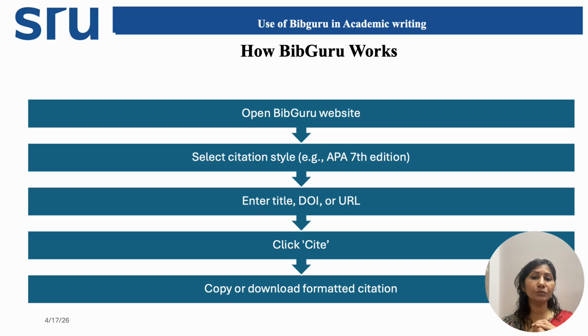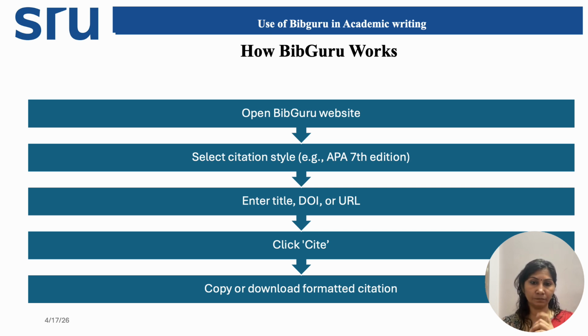Using BIBGURU is very simple and user friendly. First, open the BIBGURU website in your browser, then select the required citation style such as APA 7th edition, IEEE or Chicago. After that, enter the details of your source such as title, DOI or URL.